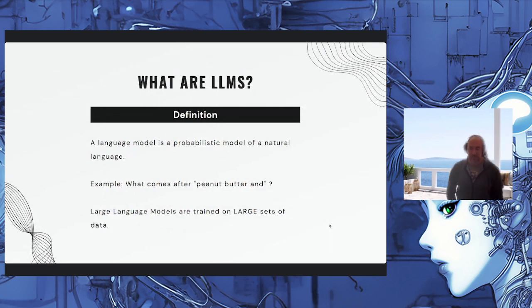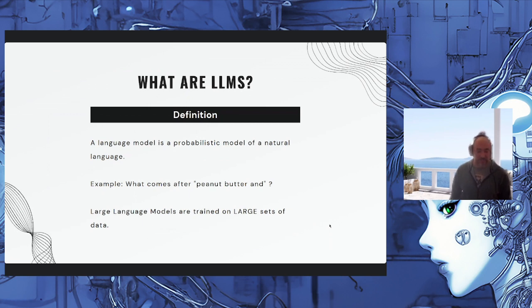So LLMs, if you're not familiar with this whole concept, language models are a way to predict what the next word or sentence or paragraph comes next in the sequence. So basically a way for you to use math to predict, if somebody starts with something like "peanut butter and," what the next word is in natural language.